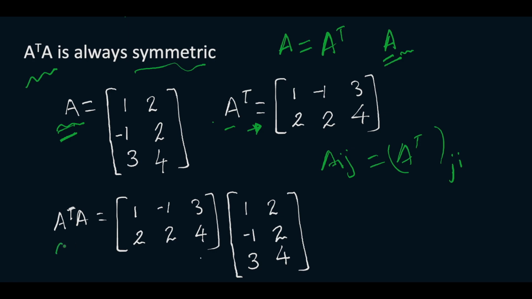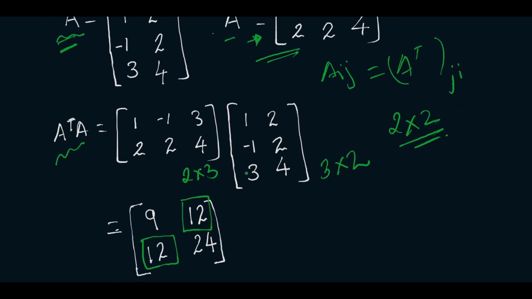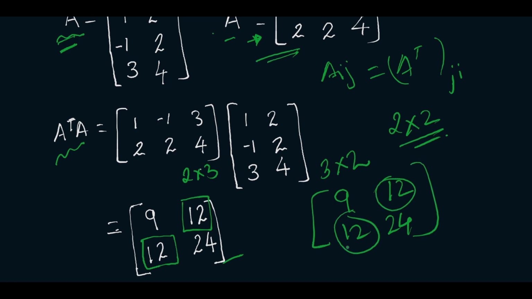So when you do A transpose A, this is our A transpose, a 2 by 3 matrix, and our A is a 3 by 2 matrix. So you will get a 2 by 2 matrix. When you multiply these two, the matrix is 9, 12, 12 and 24. You can see that these 12s are equal. So this matrix is a symmetric matrix.